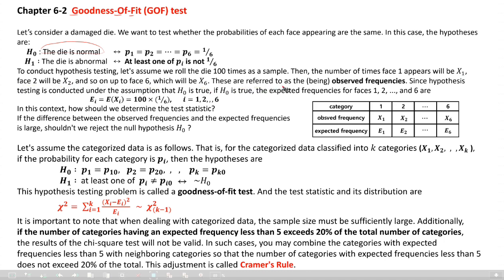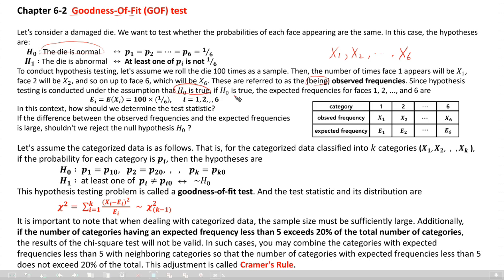These are referred to as observed frequencies, not yet observed. So the random variables X1, X2, up to X6 are random variables, not observed yet. So it is an easy, simple theory. Since hypothesis testing is conducted under the assumption that H0 is true, that it is a fair, normal die, that is the assumption.